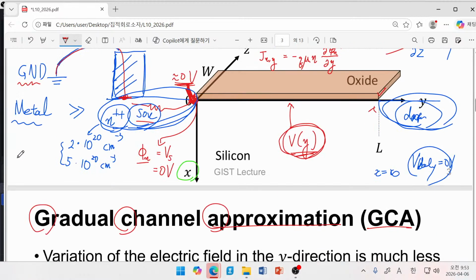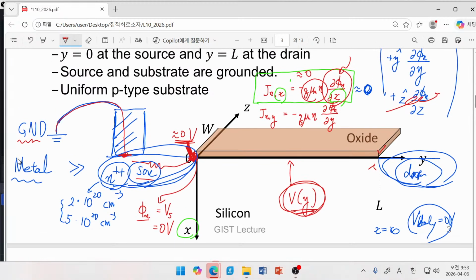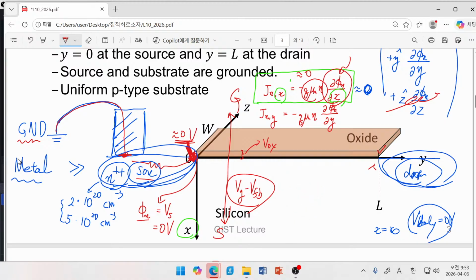It means that in this MOS system, we have a gate and substrate. Their overall voltage difference is about VG minus the flat band voltage. Yes, this is quite a high value, like 1 volt or even higher. And the oxide has something, Vox, that can be a certain value, 0 point some volt, consumed by this oxide layer. Yes, it is not negligible, but the remaining part corresponds to phi s. You know that this is quite high.